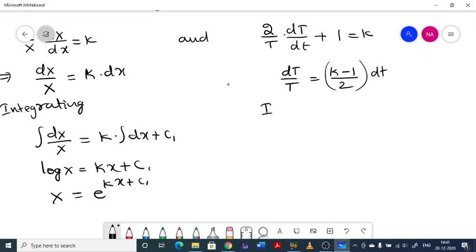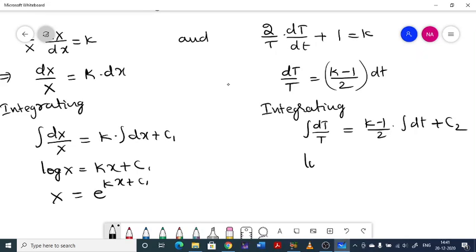Now integrating this, left hand side d capital T by capital T equal to, this will be constant k minus 1 by 2, no problem, into integral d small t plus c2. So log capital T equal to k minus 1 by 2 into t plus c2. Taking exponential, we'll get capital T equal to e power k minus 1 by 2 into t plus c2.